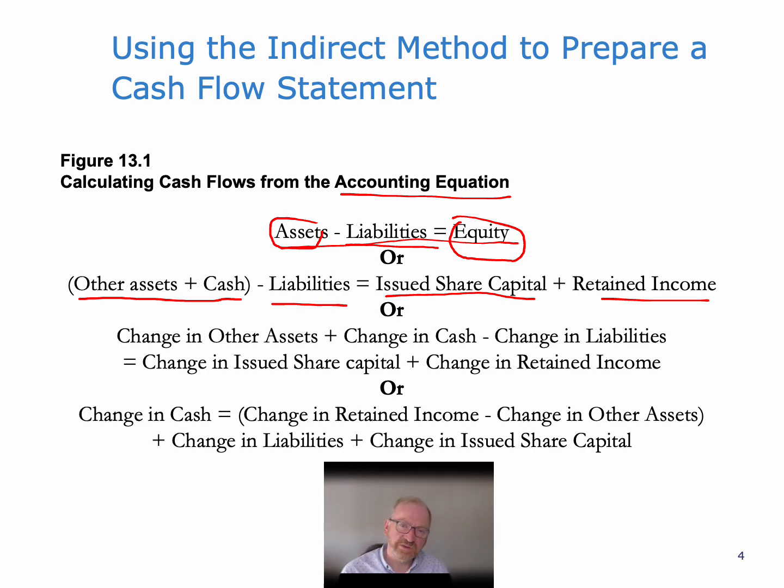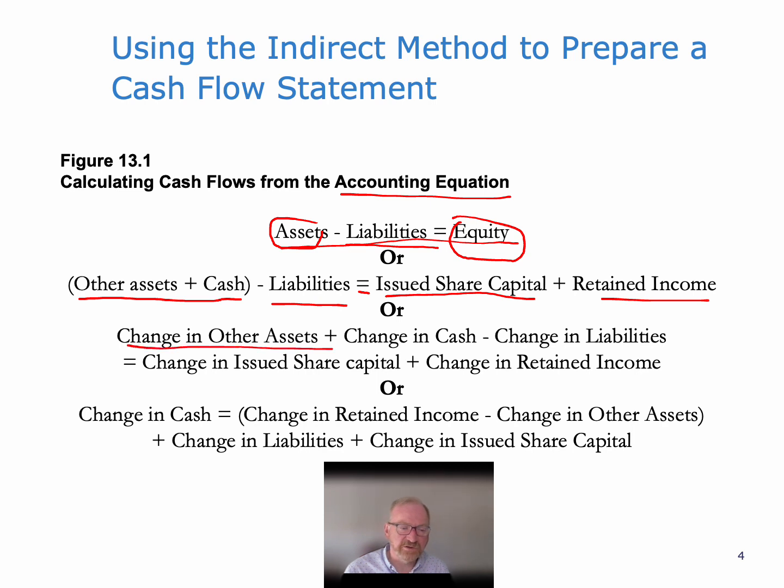The trick with the cash flow statement is to now look at the changes between two balance sheets. So we write this equation in terms of changes. When you've got an equation like this, you can also write it in terms of changes. In mathematics, you'd use a delta to signify that you were talking about changes.